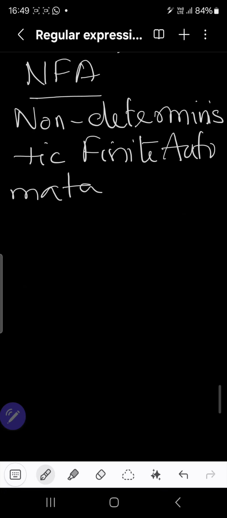An NFA contains a finite number of states with a start state, and it can have one or more final states. And also we have transitions from one state to another state.